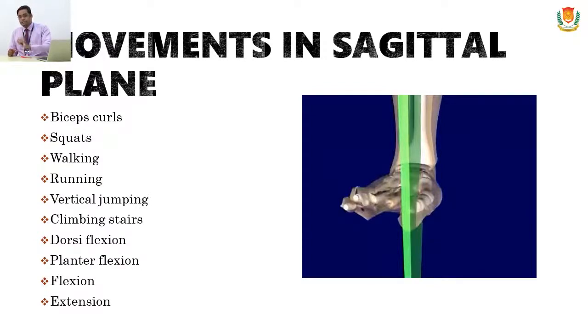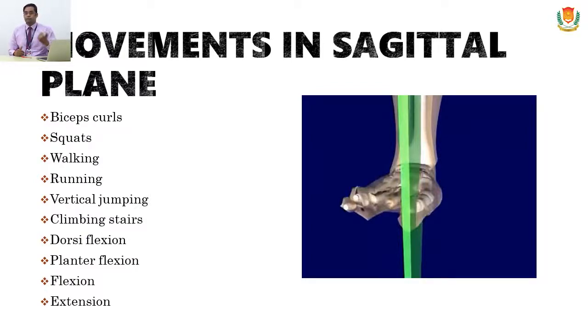All the flexions, all the bendings, dorsiflexion, plantar flexion, all such movements come in your sagittal plane. So all these movements are occurring along with the sagittal plane. If I am doing this movement, it is parallel to the sagittal plane. If I am doing this movement, it is parallel to the sagittal plane.